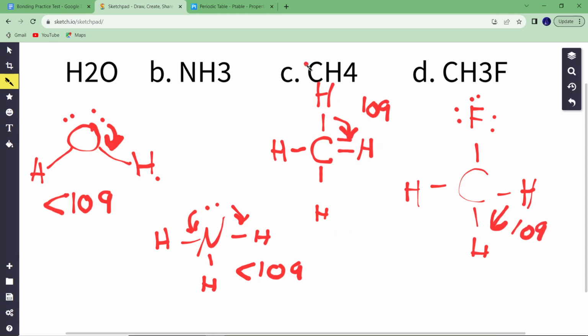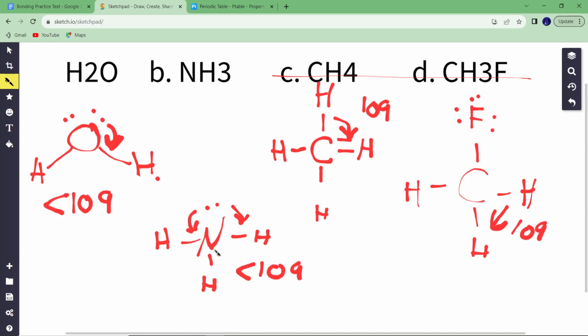So that means that, first of all, we know that these two are less than 109. And we know that because our lone pairs are pushing on the hydrogens. So we automatically know it can't be either of these two. So we'll look at these two right here and we'll say, which one is going to push down those hydrogens more?